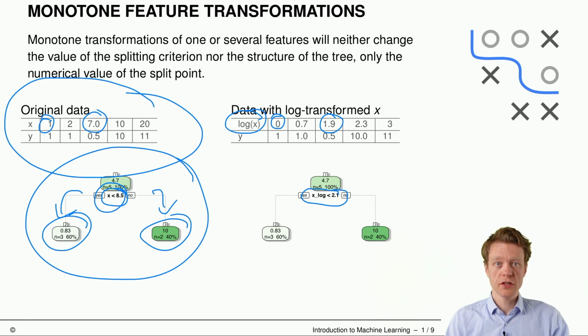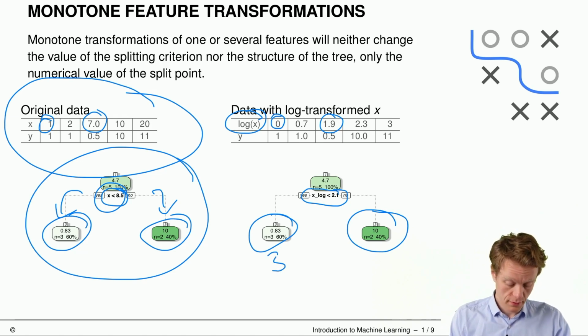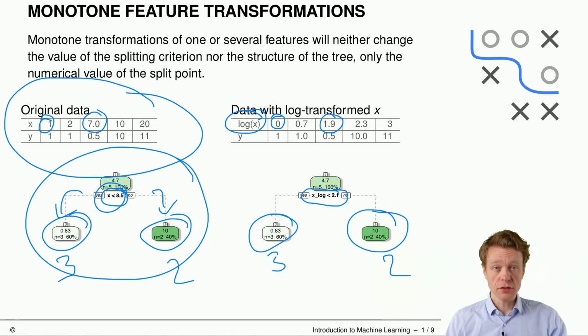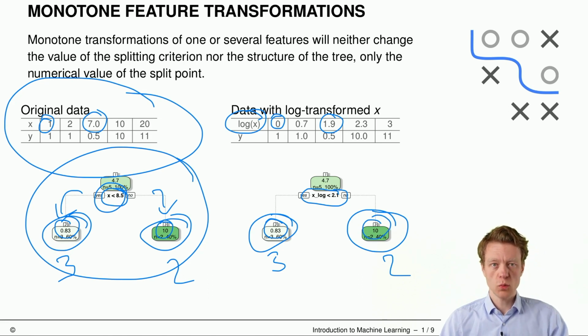But if you look at the child nodes, so at the leaves of this tree, you will see that you have the same observations there. You have 3 observations on the left hand side, as in the first tree, and 2 observations on the right hand side, and also the constant predictions in the nodes are equal, 0.83 and 10, because we did not change y.